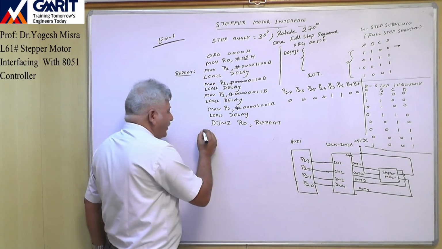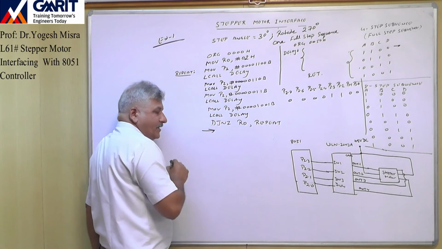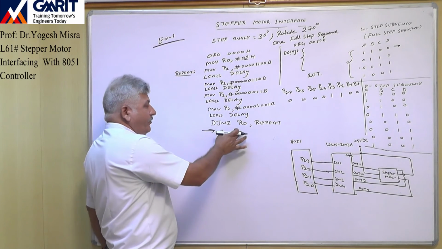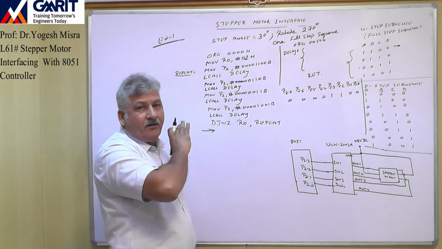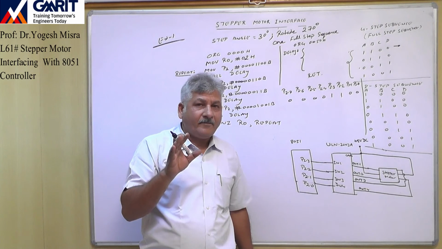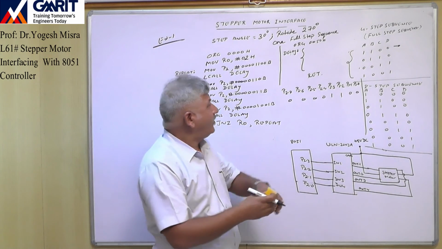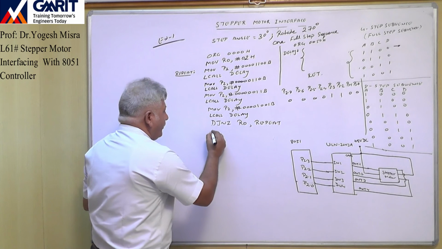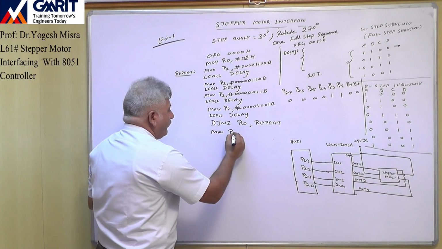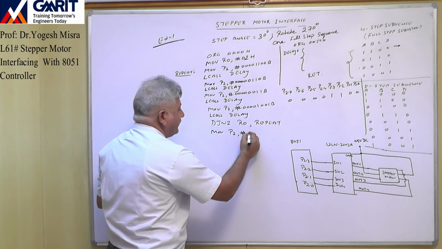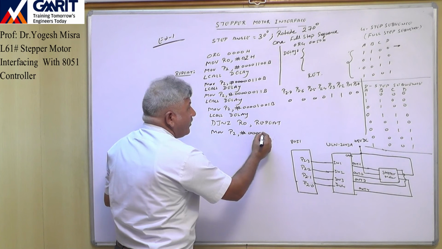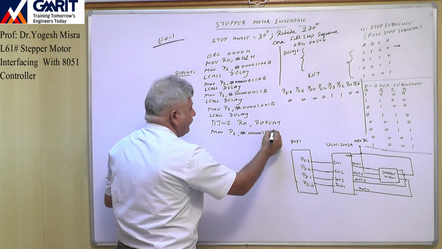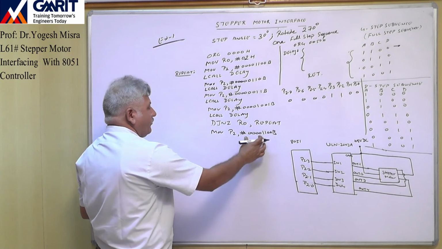Then the program will come out of the loop, right? So now the controller will be here to execute some instruction. When we are here, we have completed 240 degree rotation. Now we require this sequence only. So here I will write the instruction: MOV P2, #00001100B.